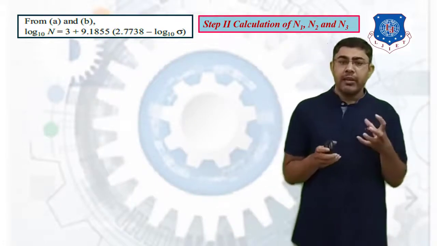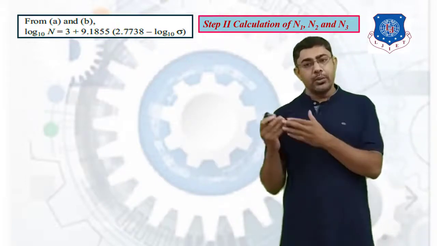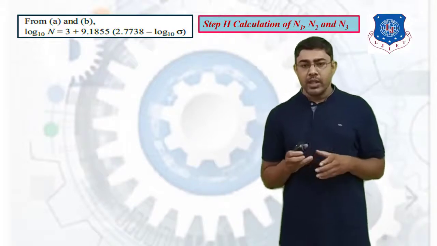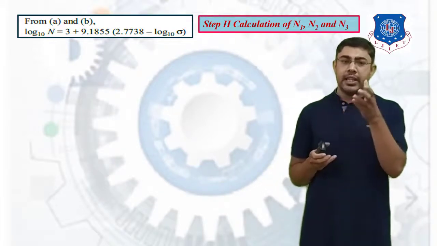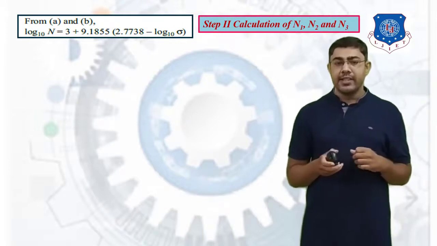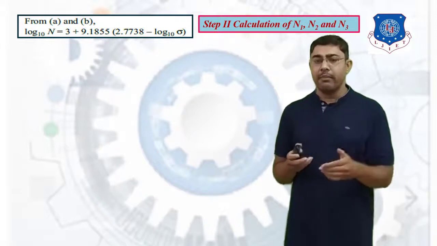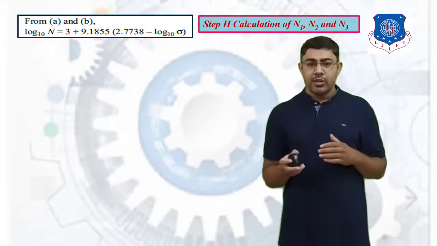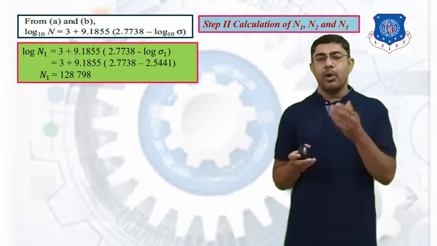Now what do we have to calculate? We have to calculate capital N1, capital N2 and capital N3. To calculate them from this log n equation, we just have to place the values of log sigma 1, log sigma 2 and log sigma 3. First we calculate log N1 by placing the value of log sigma 1.